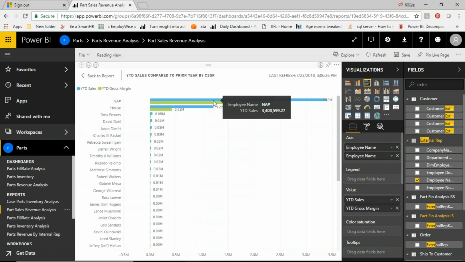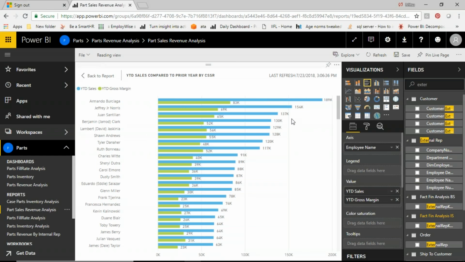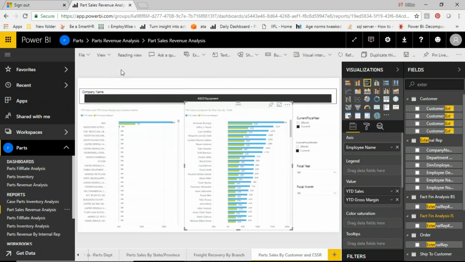Most of it is going either to the house account or it's not maintained. Our PSSRs are supposed to sell parts through service, to try and get us both parts of the job. So my guess is that's where we'll see that stuff. That's cool.